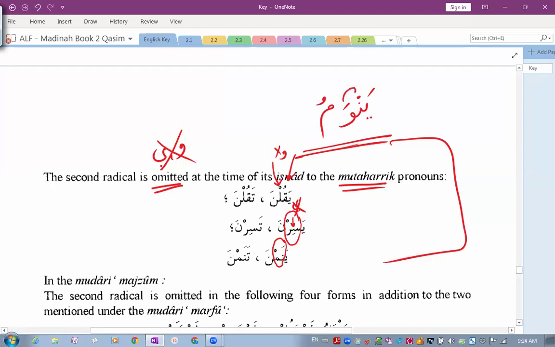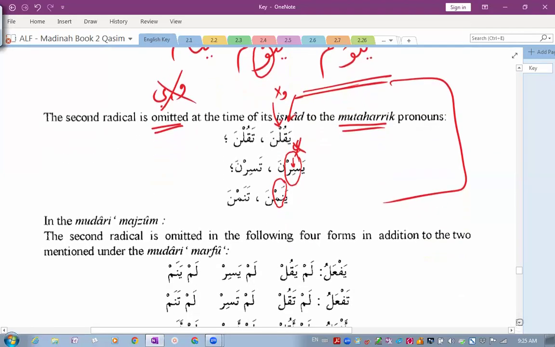We brought the fatha on the noon, and because a fatha requires an alif afterwards, it became yanam. So this waw got changed to an alif, because fatha is compatible with an alif, not with a waw. Yanwamu is difficult on the tongue; yanamu is easier on the tongue. So that's the reason.